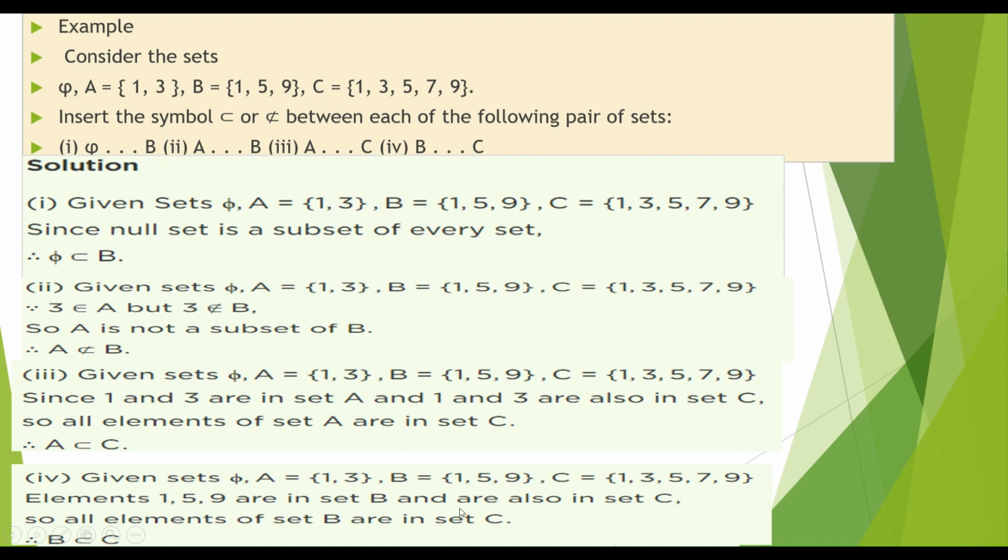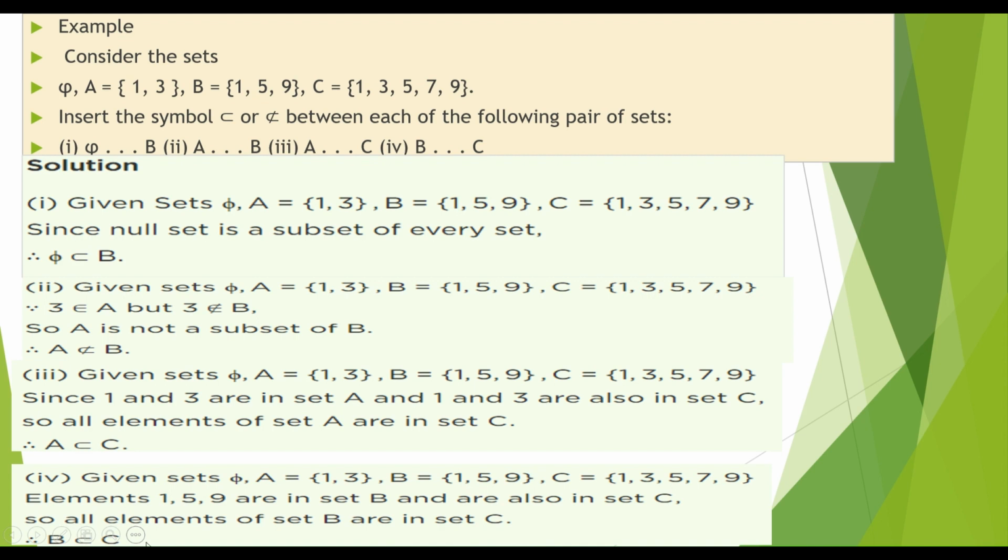The elements 1, 5, 9 are in set B and are also in set C. So all the elements of set B are in set C, and we can write B is a subset of C.